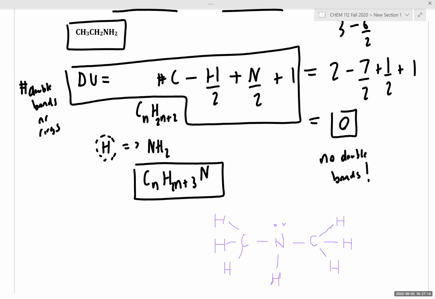That looks great. That's one of our constitutional isomers. Exactly right. Would someone like to share the second constitutional isomer? And don't be shy. We only have one other constitutional isomer to draw. You can also type the condensed formula for the other constitutional isomer in the chat.